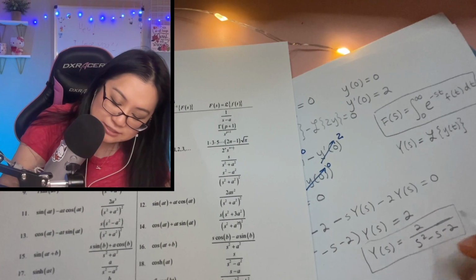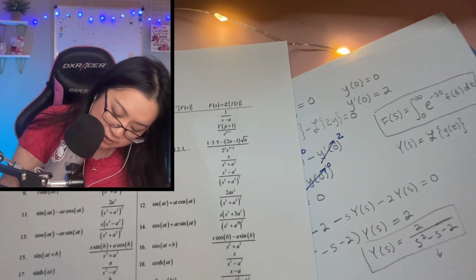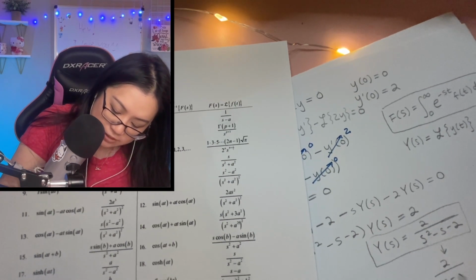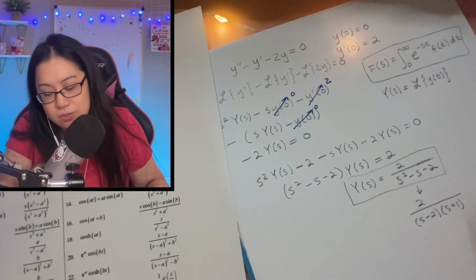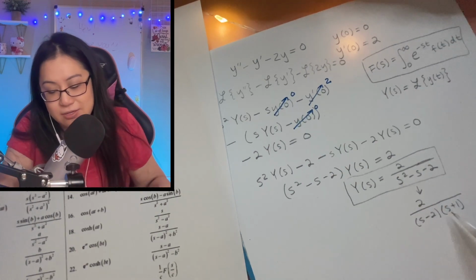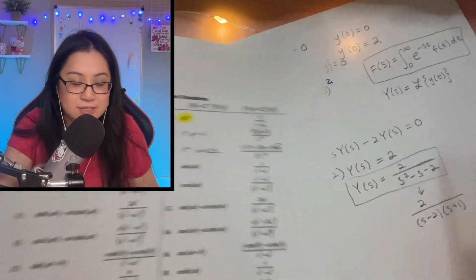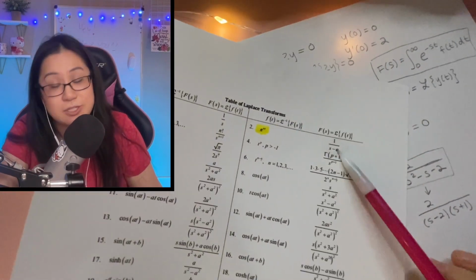Because in this case I can factor this denominator, right? So 2 over s minus 2 times s plus 1. I did want to mention that I am telling you that you have this form now ahead of time, and that's only because I picked this question on purpose to use this particular function.